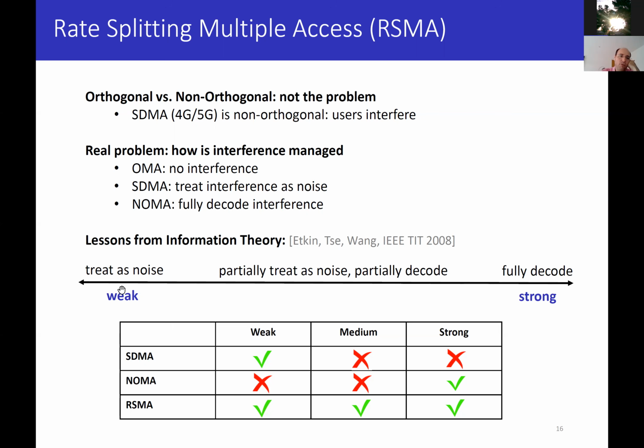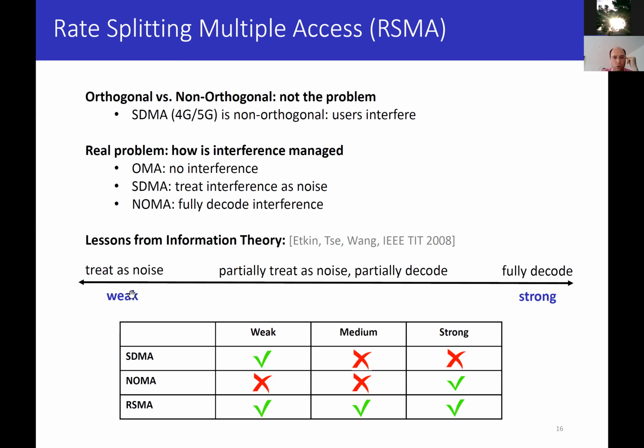If you are in a weak interference regime, treating interference as noise is good. If we are in a strong interference regime, fully decoding interference is good. If you are in a weak interference regime but you try to fully decode interference, this is not good. And inversely, if you're in a strong interference regime but you try to treat it as noise, that will not work well either.